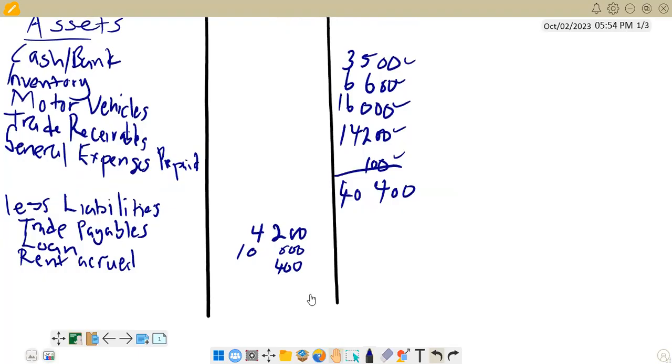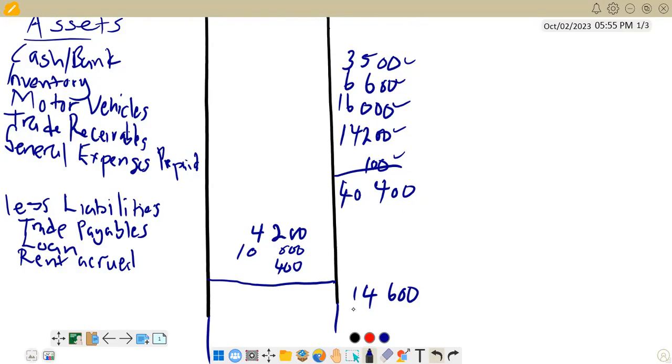Then having done this, we have to add the total that we have for liabilities. After adding the total there, 4,200 plus 10,000 plus 400, we get 14,600. So just write it just beneath here, 14,600. And we just need to extend our lines there so that they fit. Right.